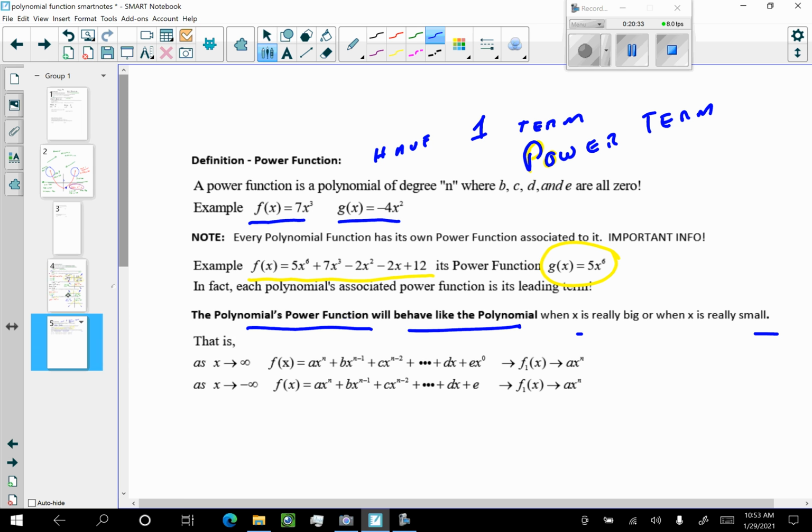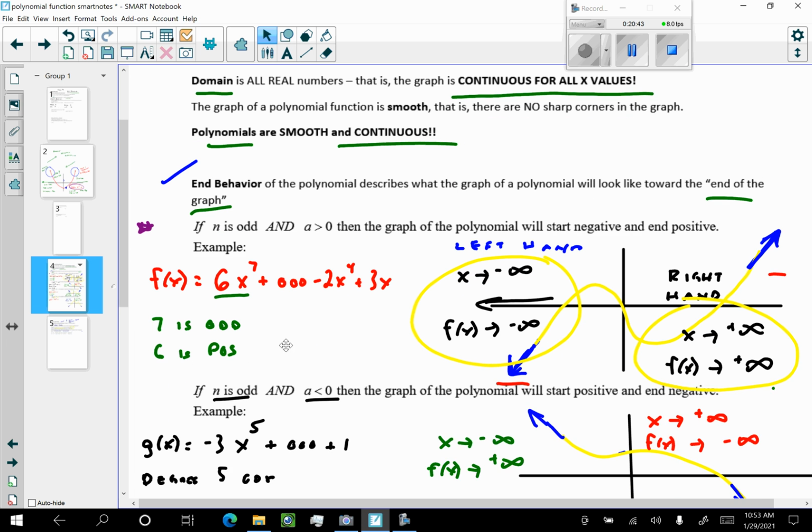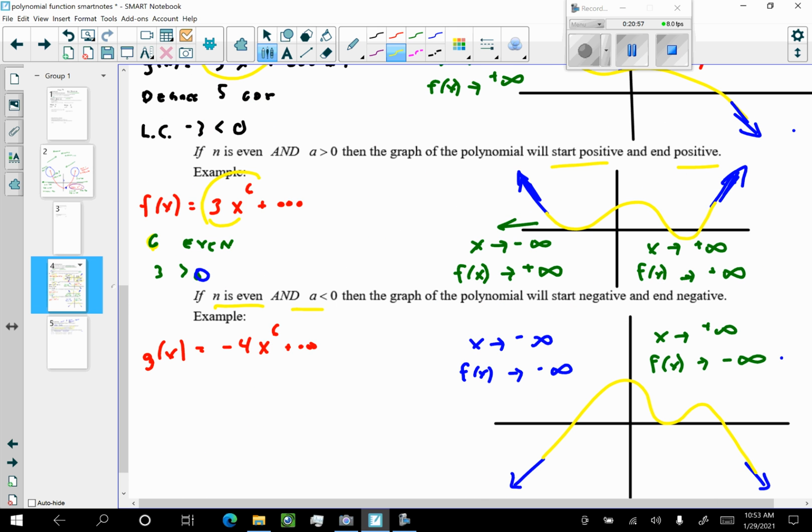I only worried about the power function. So power functions are easy.